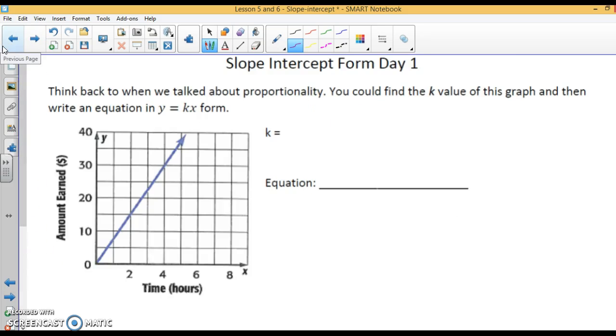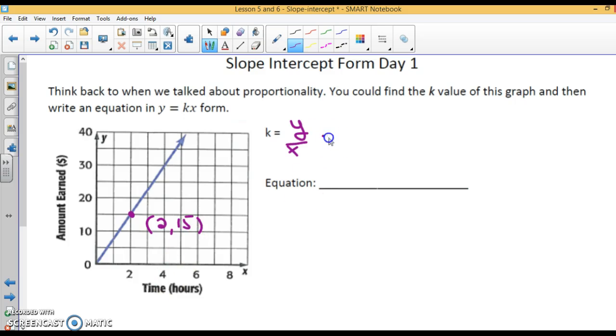All right. Think back to when we talked about proportionality. You could find a k value on this graph, and then write the equation in the form y equals kx. So, k is y over x. If I go to this point right here, this is the ordered pair 2, 15.